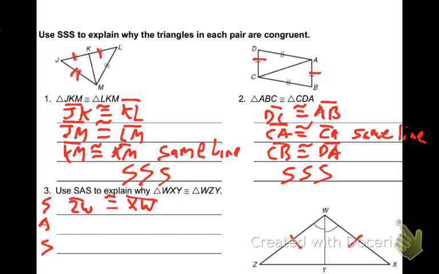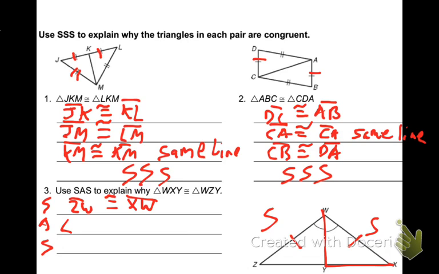Now I want the angle. So again, there's my side, there's my side. Give me the angle that we know to be congruent, Peyton. W. Nope. I can't just say W here because W technically has 3 different angles to it. So give me the more specific W. That's a side. I want an angle.